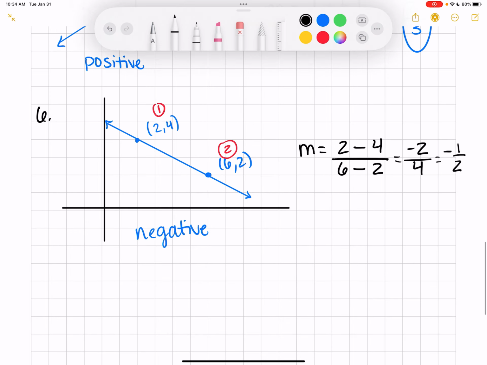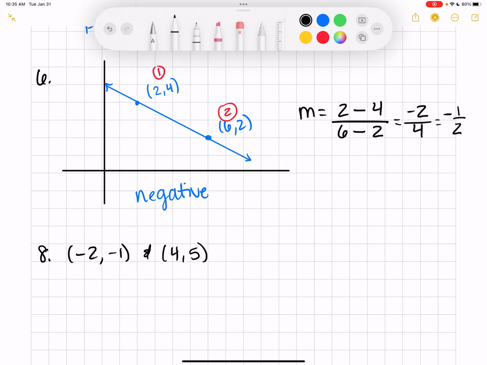All right, so find the slope of the line that passes through the points. So these ones just give you 2 points. Like they give us the points -2, -1, and the point 4, 5. So again, I'm just going to call these the points 1 and these points 2.